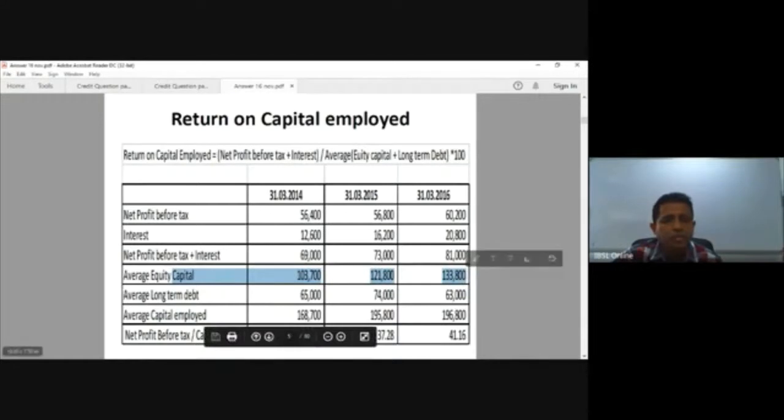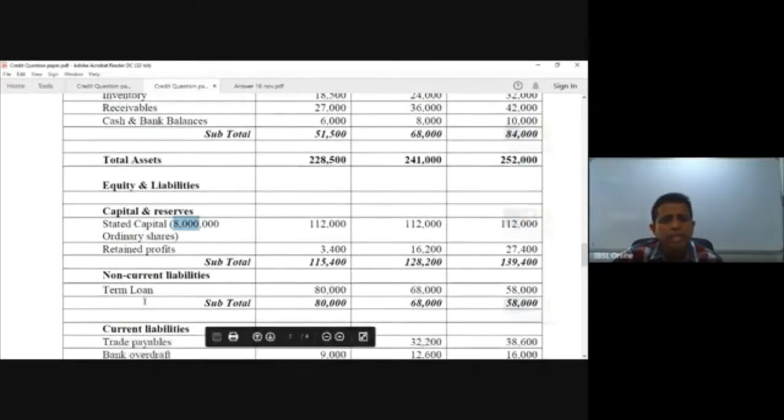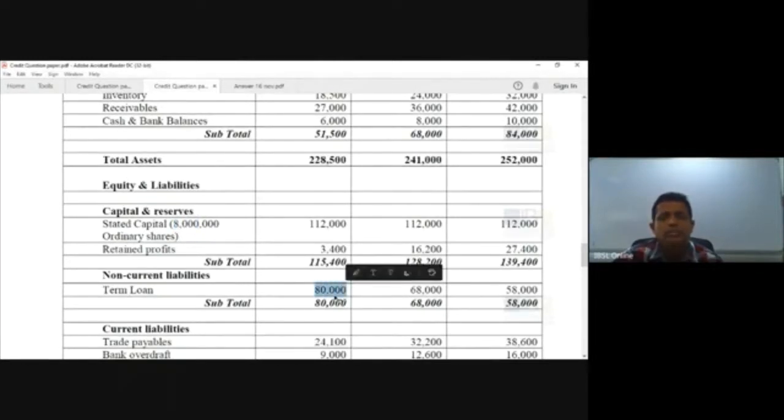Then average long-term debt capital, 65,000 for 2014. How do you calculate 65,000? Go to your question. We take term loan as the long-term loans. 80,000 is the 2014 figure.